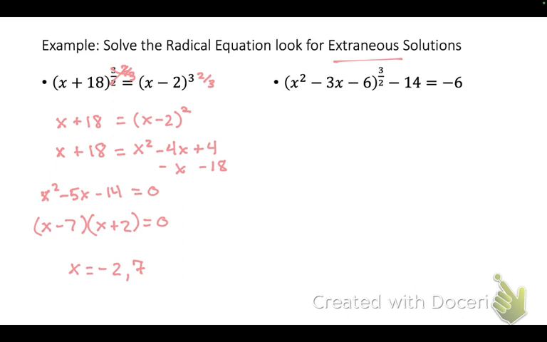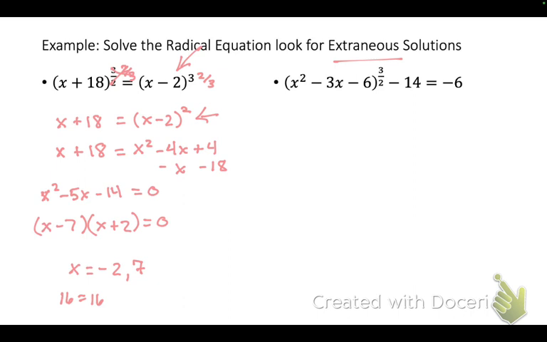Now, I said we could plug it in here, but would it be easier probably to plug it in there? If you did that right, it will work either place. So if I plug it in the second step, negative 2 plus 18 is 16, and negative 2 minus 2 is negative 4, squared is 16. So that works.